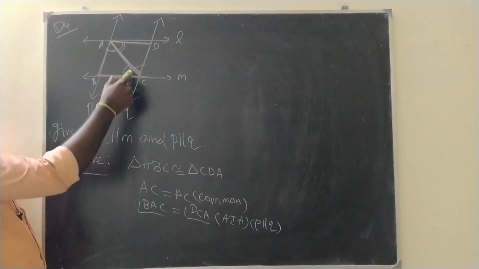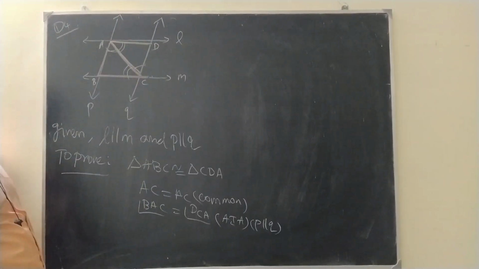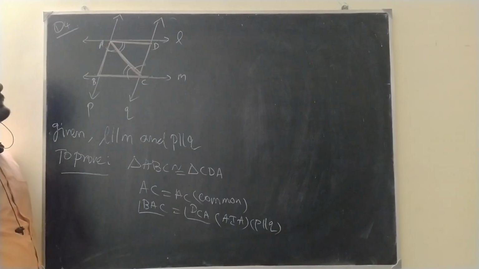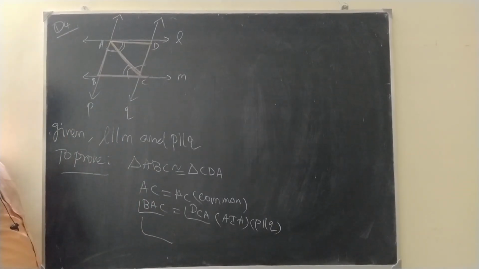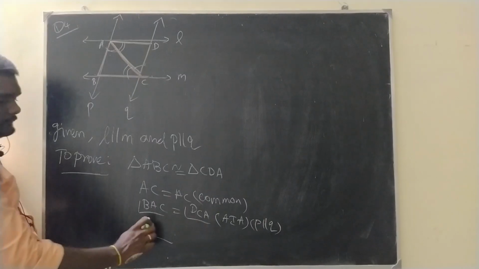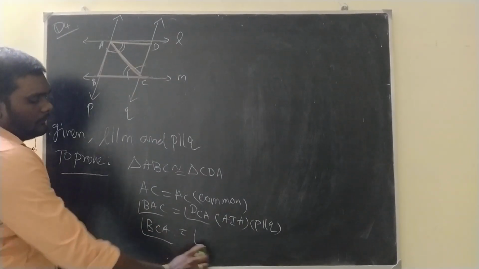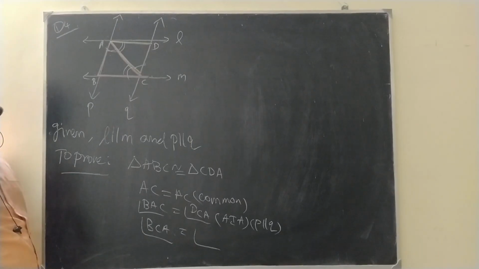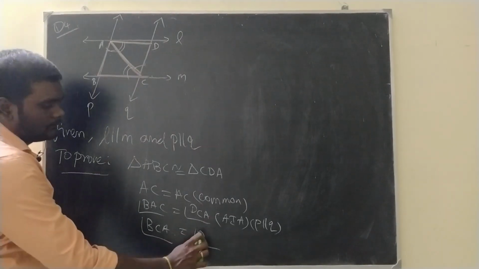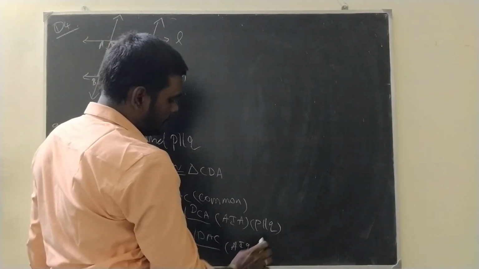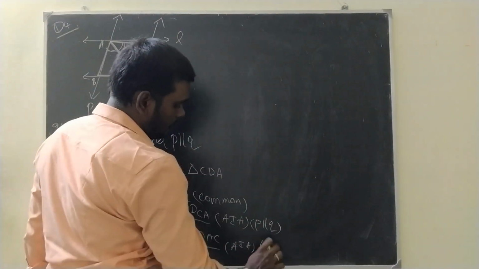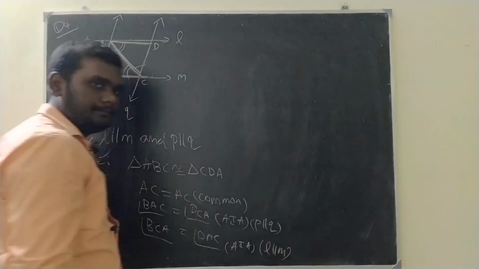Likewise, these inside angles will completely come for P and Q or L and M. So angle BCA is equal to angle DAC. That is also alternate interior angles for L parallel to M.